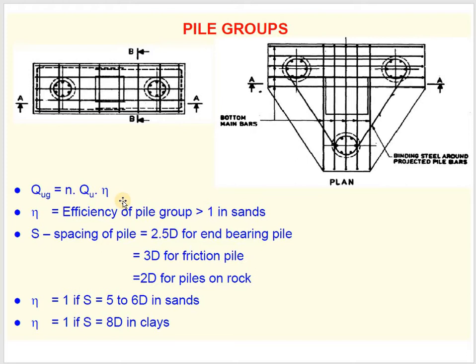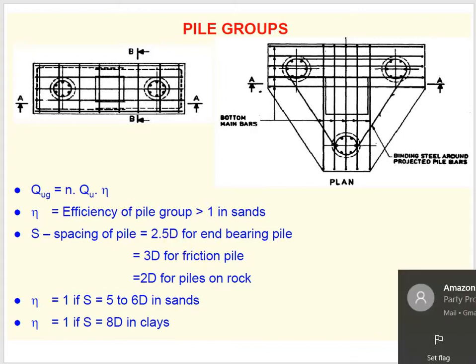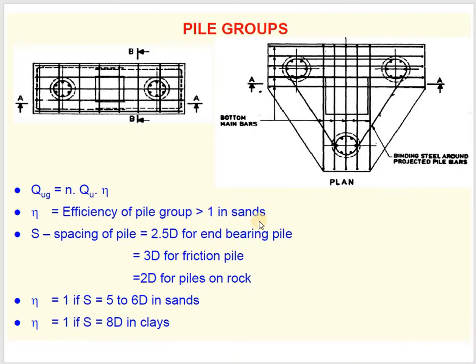Efficiency is generally greater than 1 in sands. Now let us see the spacing of piles. Usually we take 2.5 times the diameter for end bearing piles, and 3 times the diameter for friction piles, and for piles on rock it is 2 times the diameter.